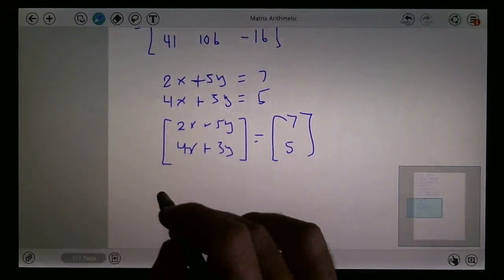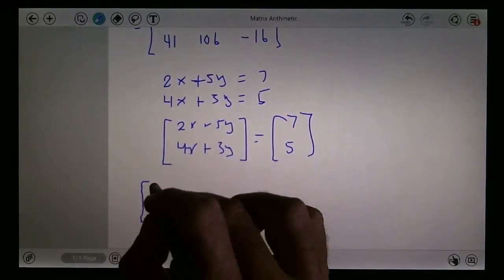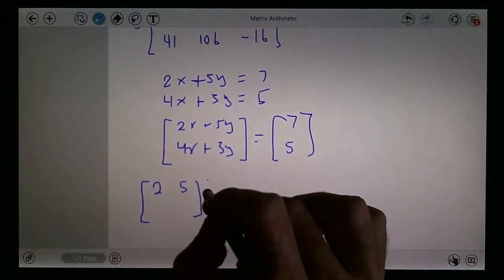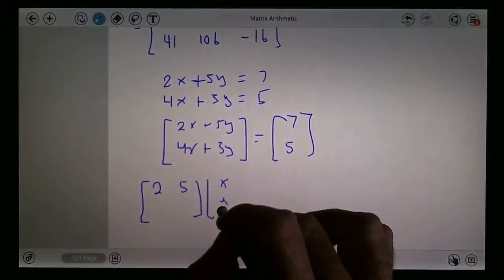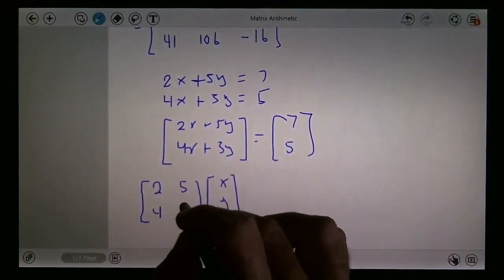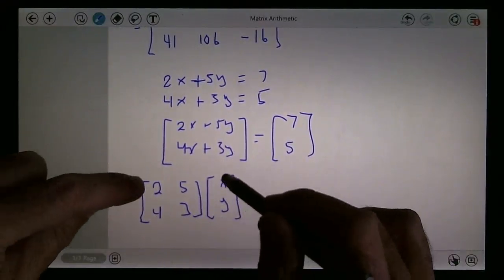I claim I can rewrite this like this. That 2x plus 5y, if I think of the 2 and the 5 coming from here, and the x and the y coming from here, and then I put the 4 and the 3 here, that's the way you multiply matrices together.